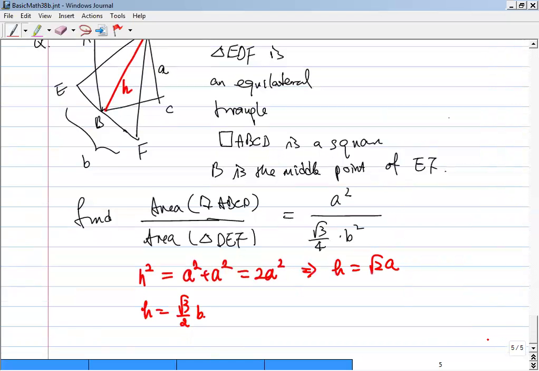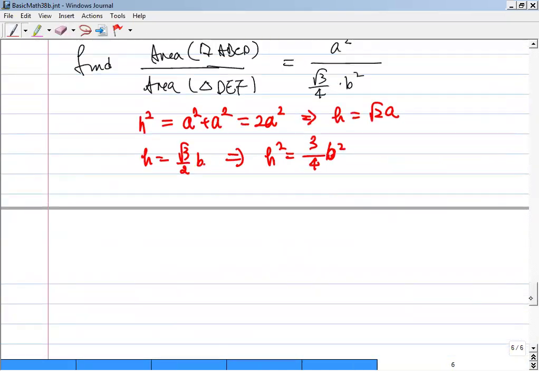If you just want A squared over B squared, you don't need H, you just need H squared. Let's just find H squared. H squared equals 3 over 4 B squared.